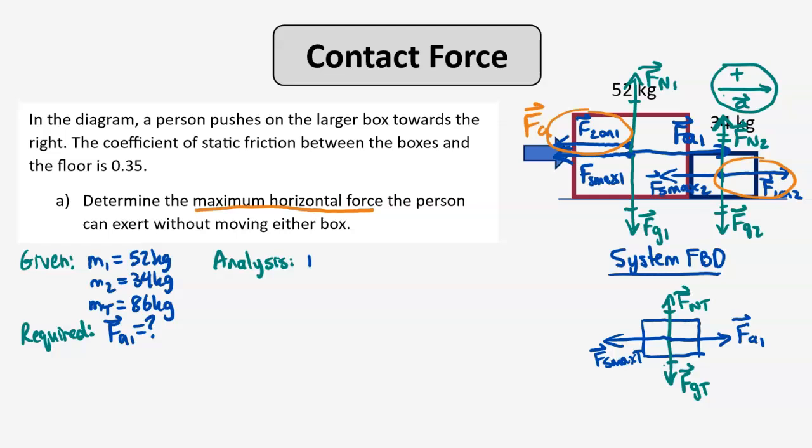So we always start, going from our system free body diagram with our analysis, to the equation F net equals ma, which is based on Newton's second law. That mass had better be the mass of the free body diagram we're referring to. Because it's the system free body diagram, it's the total mass. Now the acceleration is 0 because it's not going to be accelerating.